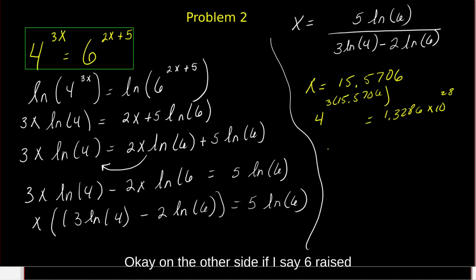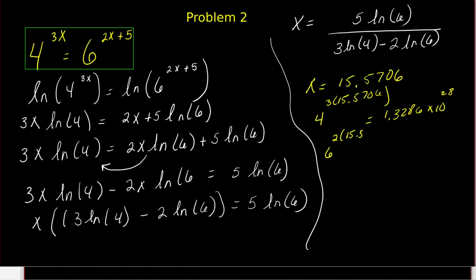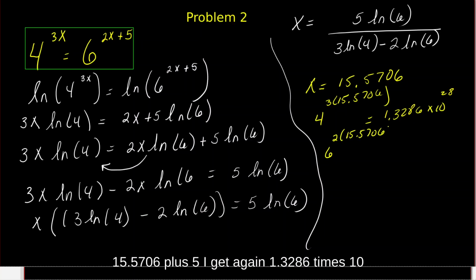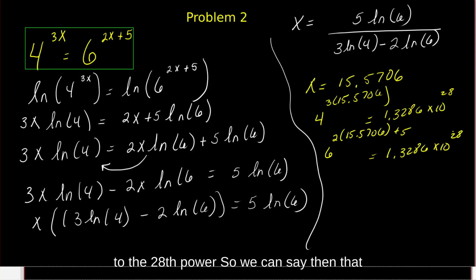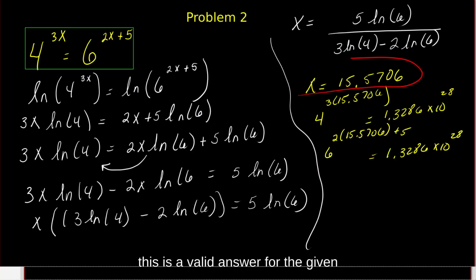On the other side, if I say 6 raised to 2 times 15.5706 plus 5, I get again 1.3286 times 10 to the 28th power. So we can say then that this is a valid answer for the given equation.